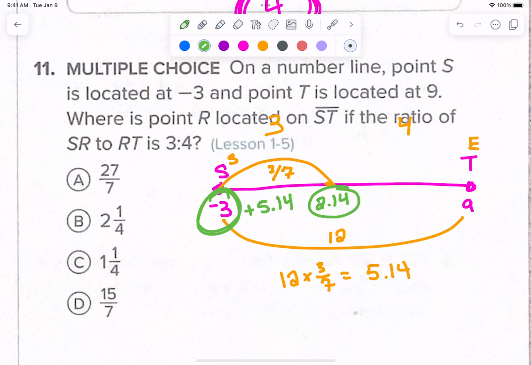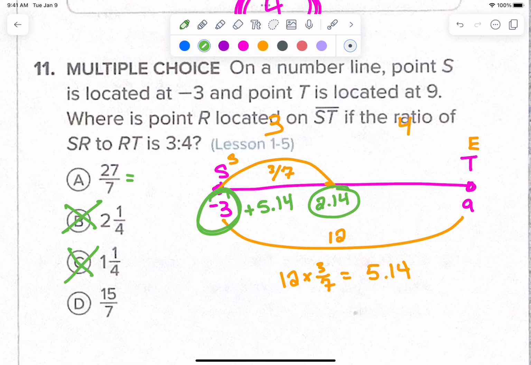Okay, none of those answers are up there. But, you know which one you're gonna probably want to select first? B, because it looks like 2.14, right? Like 2 1/4, right? But 2 1/4 is not 2.14, okay? It's not gonna be C because that's 1 point something, all right? So my only other options are A and D. How much is A?